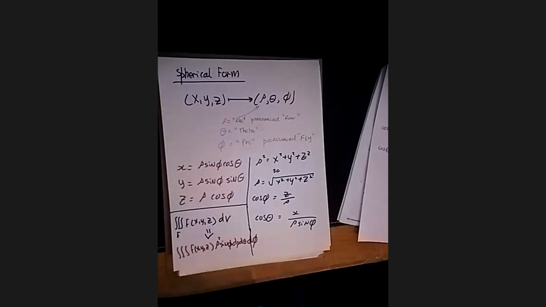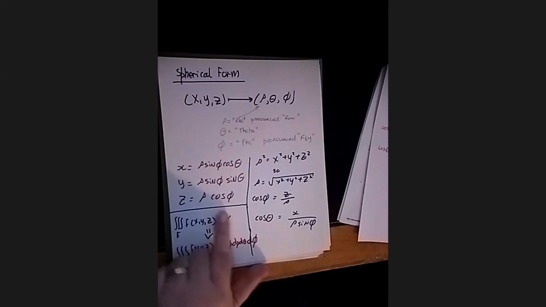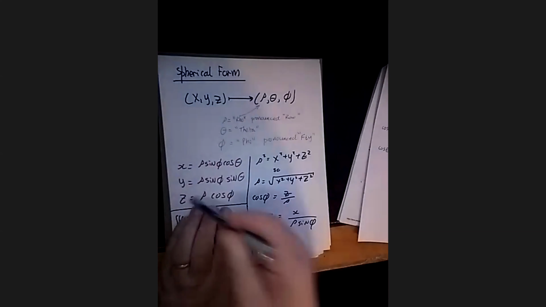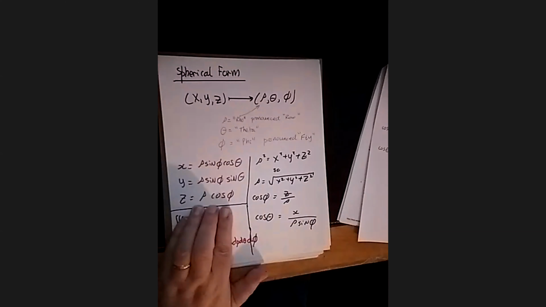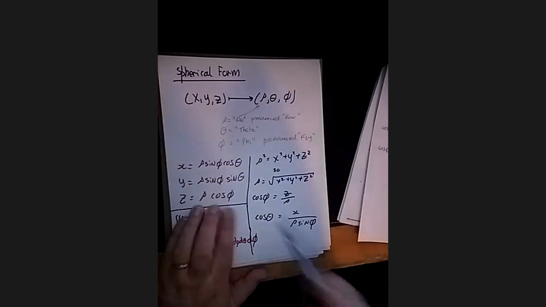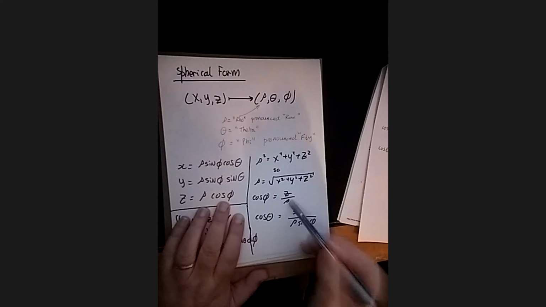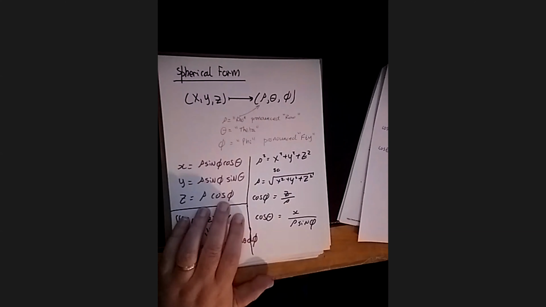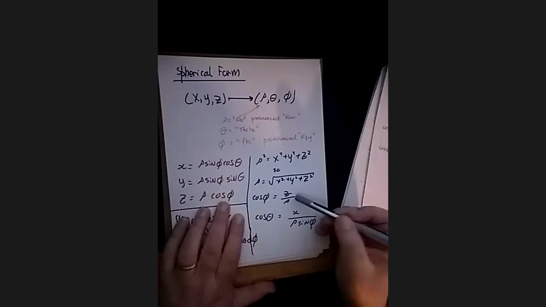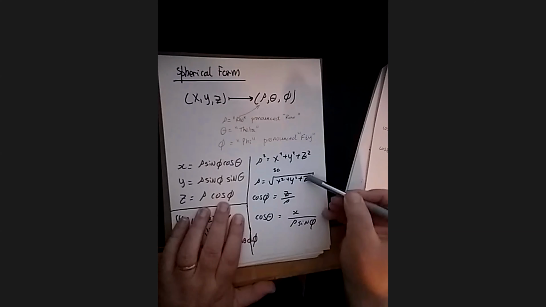phi? Well, if you take this expression here and rearrange it, isn't the cosine of phi z over rho? Now, you know z, and you've already, I'm assuming, calculated rho.